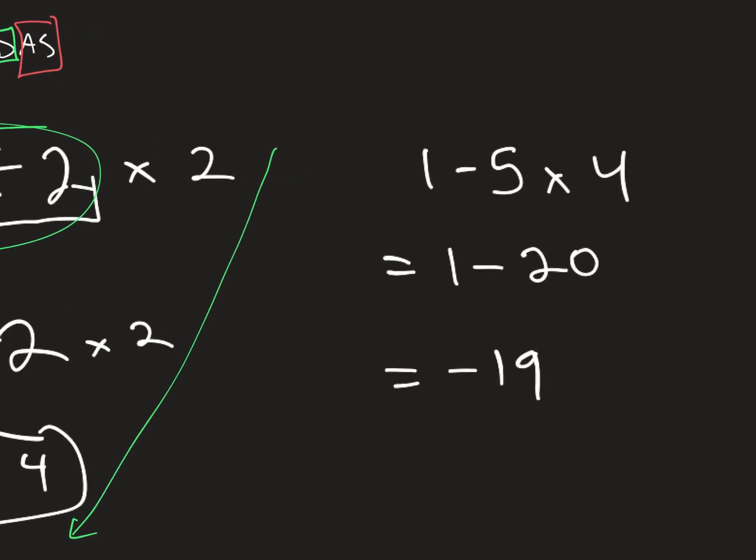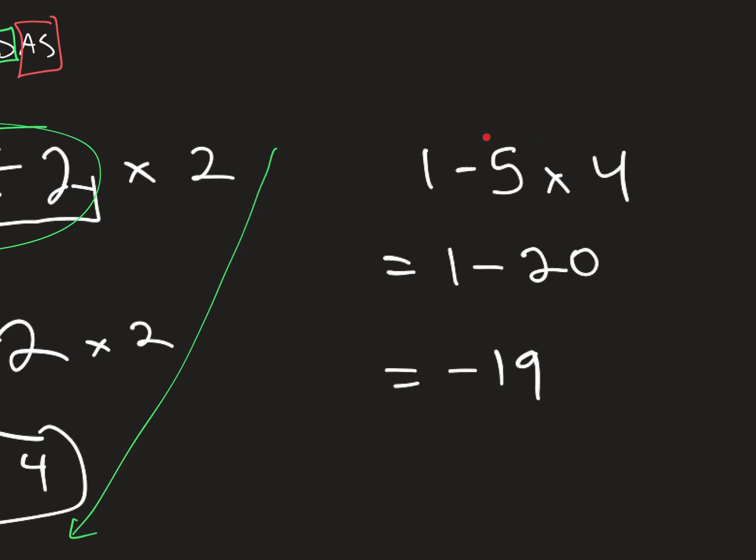Next example, if I have 1 minus 5 times 4, even though we are tempted to solve 1 minus 5 first and then multiply by 4, we have to remember that multiplication or division always comes before subtraction.